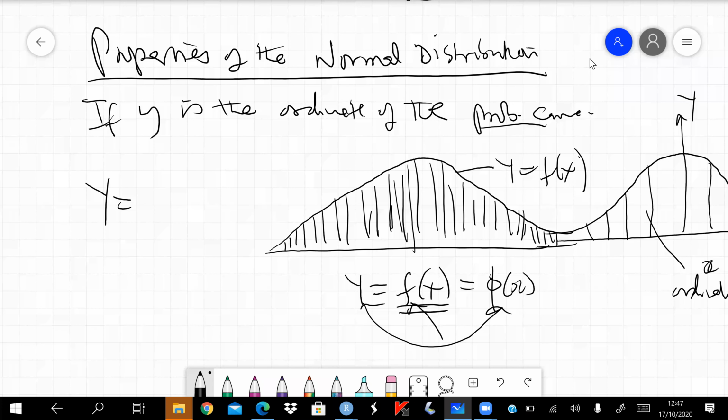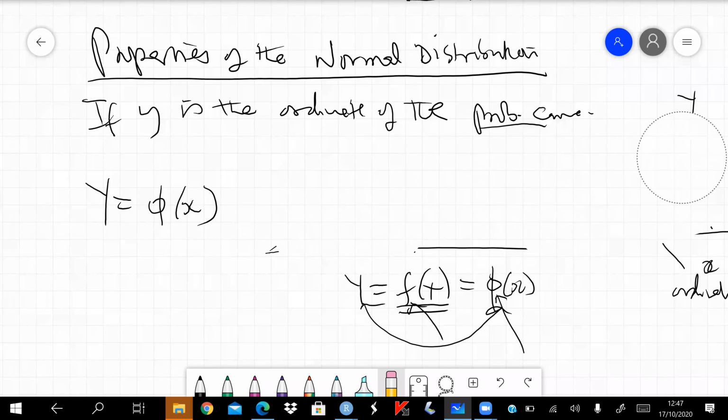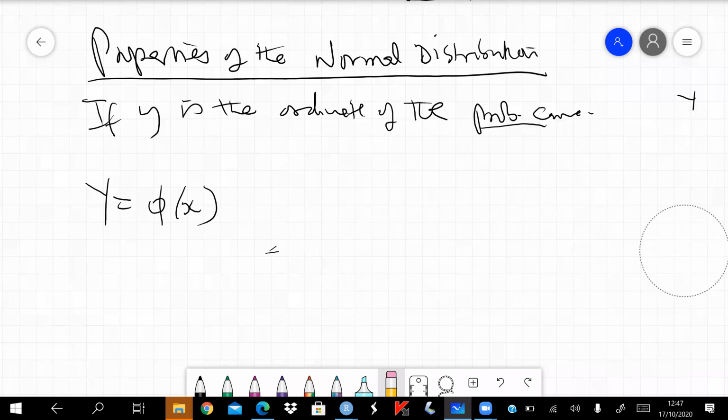But because this y is a probability distribution, or a density function, we use this symbol here to differentiate from normal functions like the linear functions, quadratic functions, and so on. So the probability curve can be drawn using the equation y is phi of x, which just means that y is a function of x, okay? Where x is a continuous variable.